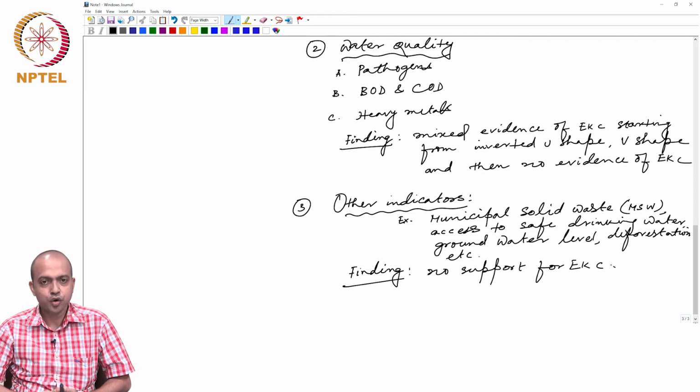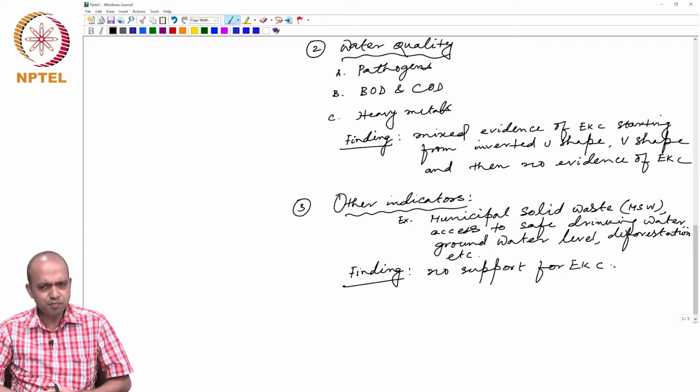That means, for all types of environmental quality, empirical literature does not support EKC type of relationship. It varies from indicator to indicator. So, while formulating developmental policies, policy makers must be very careful about what type of pollutants or what type of indicators they are thinking to measure the environmental quality.